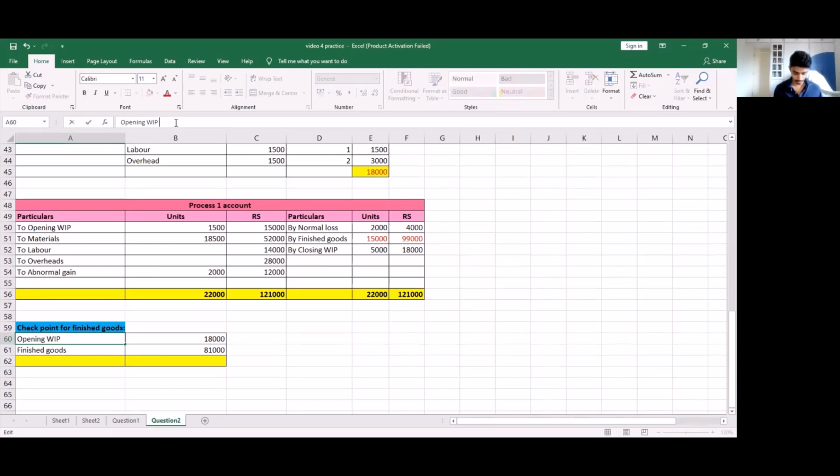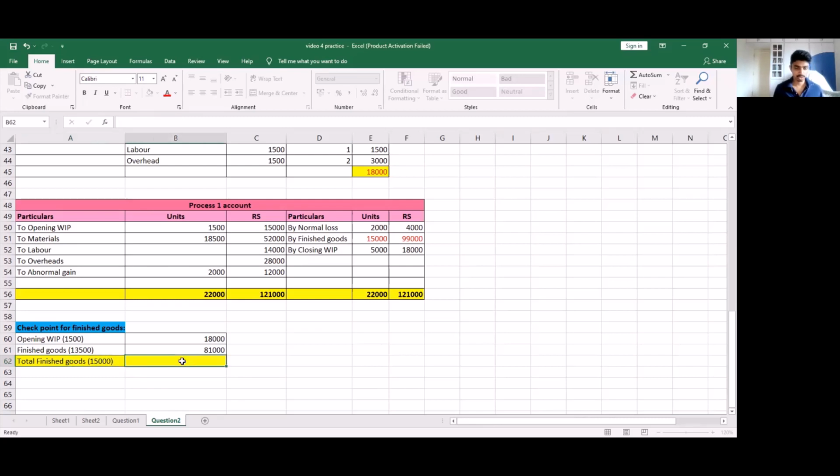So for opening work in progress, our units is 1,500. And for finished goods, we have the units as 13,500. Now together, that is for 15,000 units, we have our total finished goods as 15,000 units.